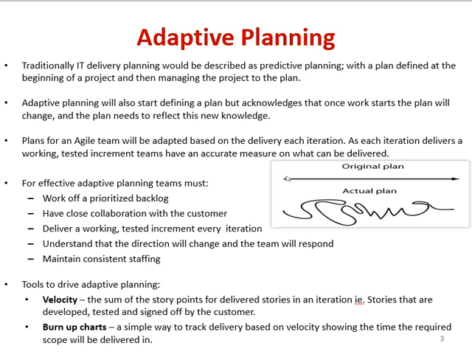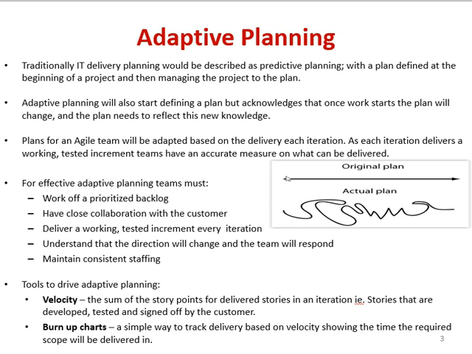Suppose your iteration 1 consists of 4 developers, and your iteration 2 has more complex work, but agile doesn't give you the freedom to inject more developers into iteration 2 so as to deliver it on time. So maintain your rhythm in terms of time, resources, and the number of requirements. Maintain consistent staffing. That is adaptive planning.